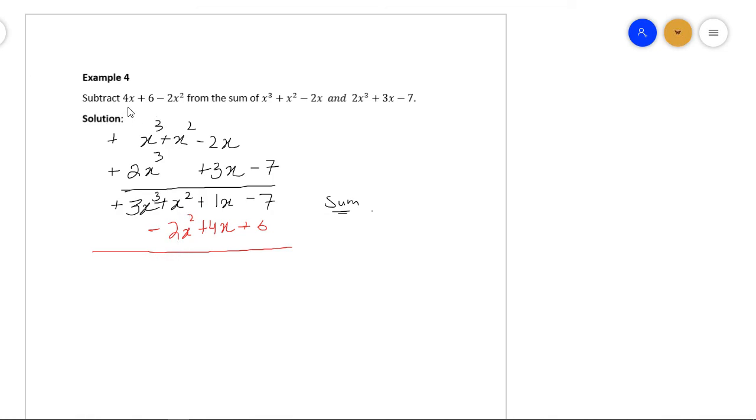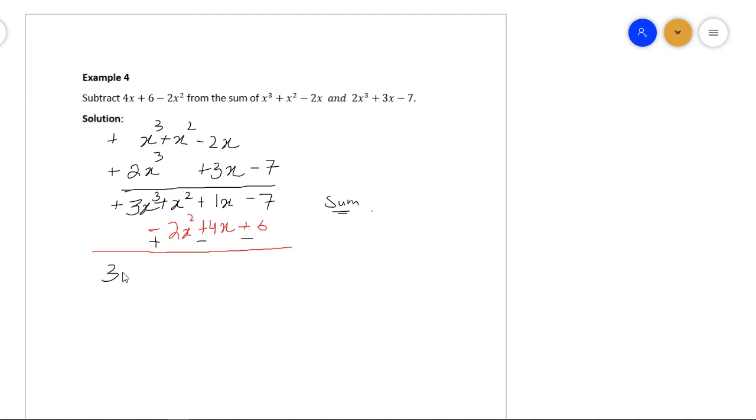We are going to subtract this polynomial and we didn't change the sign. We have to change the sign to subtract the second polynomial. The first one is negative, so it will become positive. The second one is positive, so it will become negative, and the third one is positive, so it will become negative. Okay, now add them.